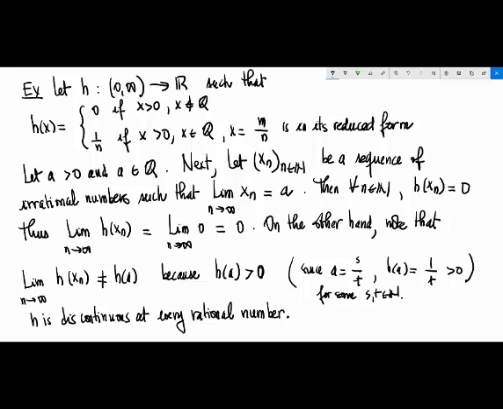All right, now let's look at the irrational numbers.